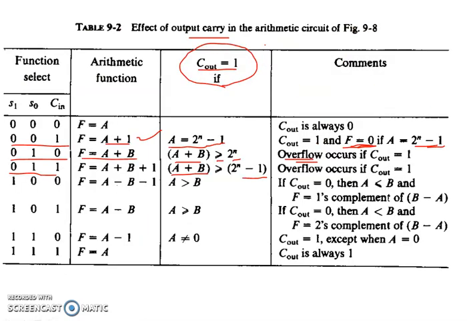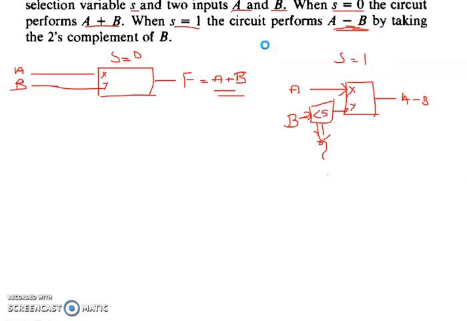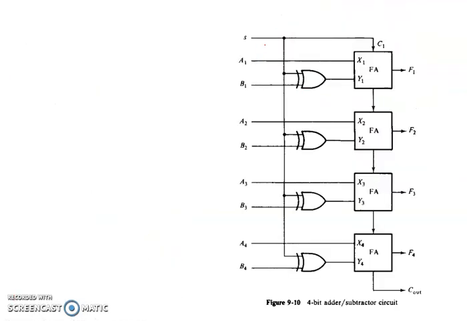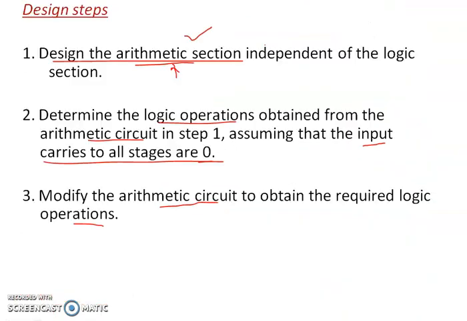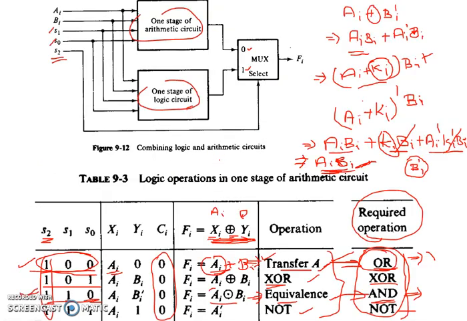Here in case of logic operation, what we have defined here, the input carry will be defined as 0 to implement the logic operation. So Ci will be equal to 0.